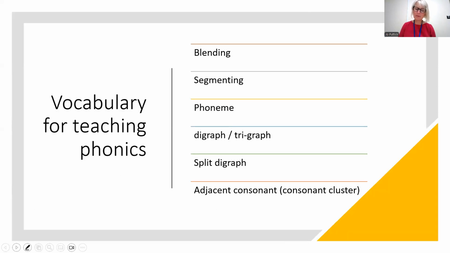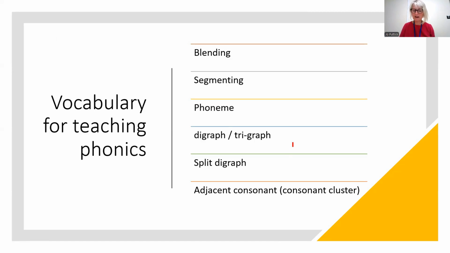So this is some of the vocabulary that we use. We use blending and segmenting, phoneme. We've not talked yet about digraph and trigraph. A digraph is what we describe where we have 2 letters that represent 1 sound, and a trigraph where we have 3 letters that represent 1 sound.